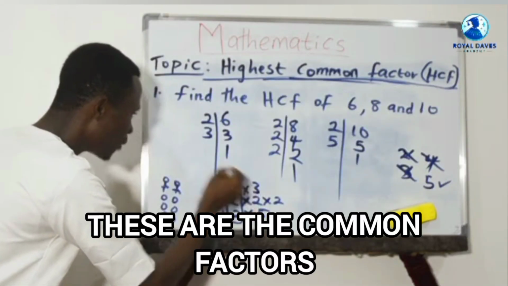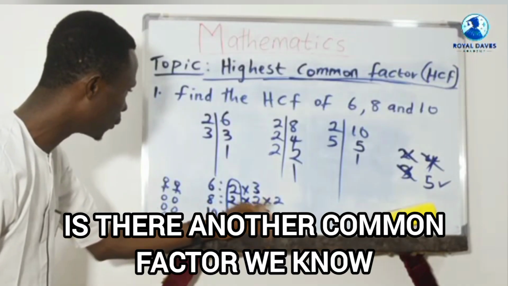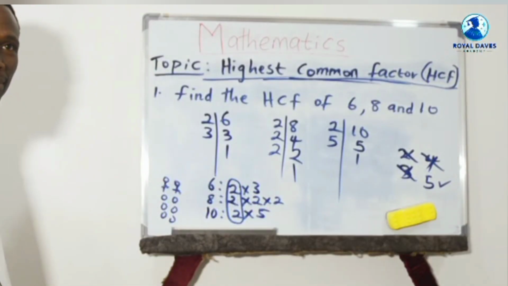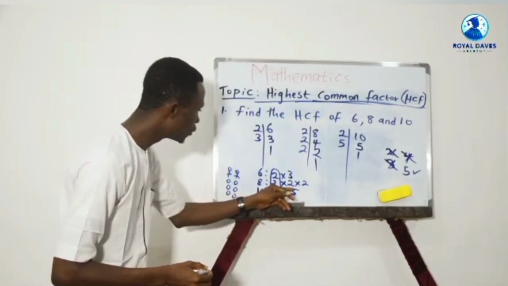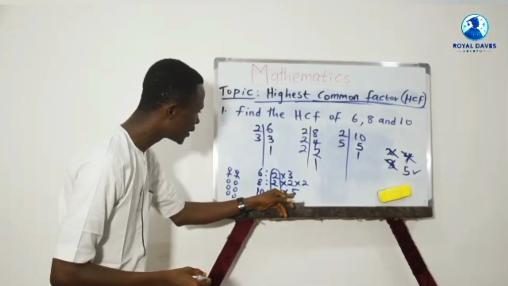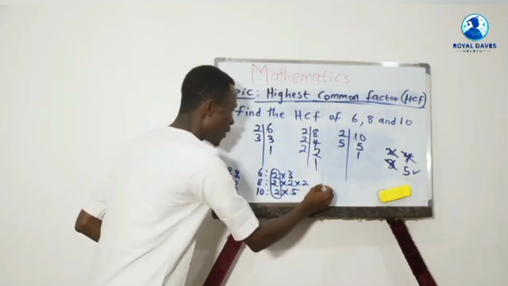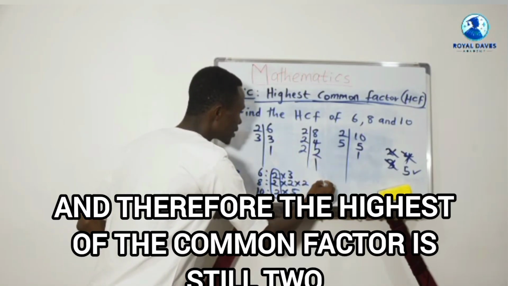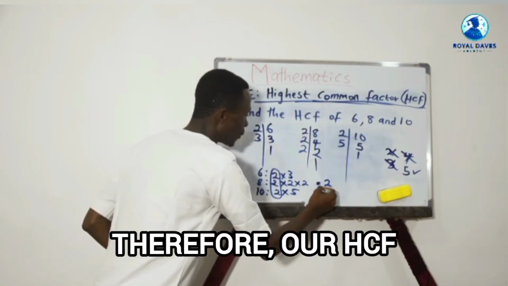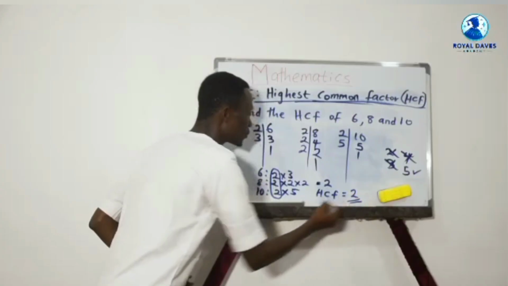These are the common factors. Is there another common factor? No other common factor. So what is common right now is 2. There's a 2 here, but there's no 3 in the others. So of course, our common factor is 2. And therefore the highest common factor is still 2. Therefore our HCF is equal to 2.